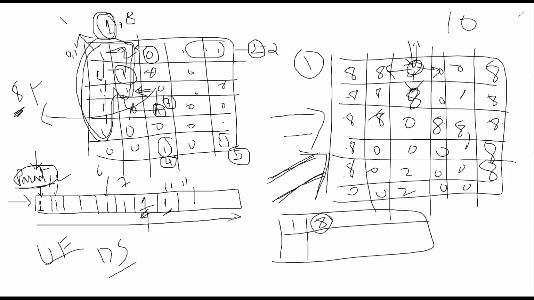With DFS, what you could have done, mapping is one example. The other thing is you can change the value, because now you only have 0 and 1. Suppose each island has its own value, say 2, and another island has all its value as 3. By mutating that, if I see my neighbor is 2, I actually know they are part of the same island.